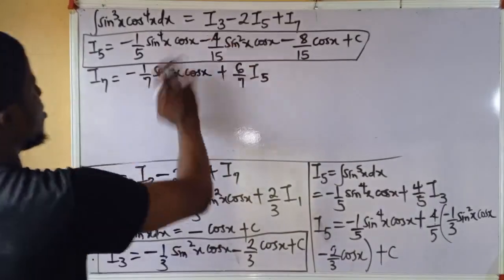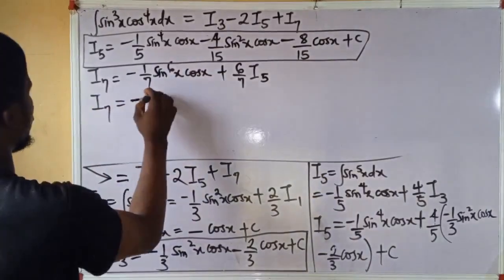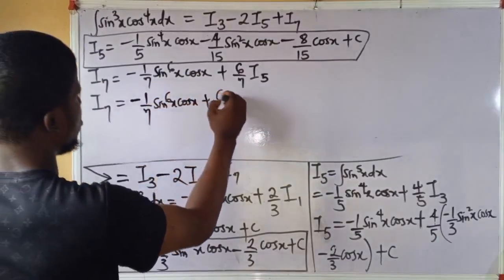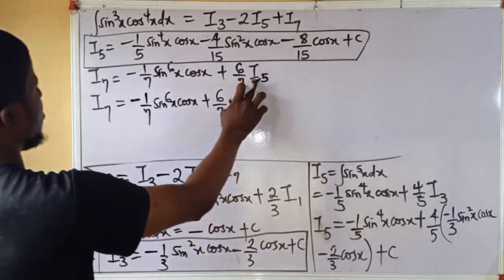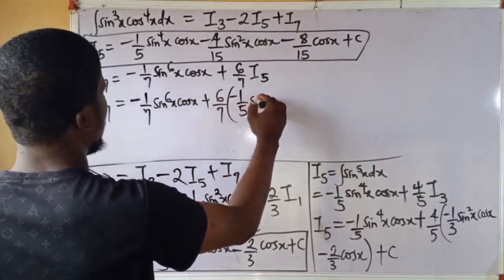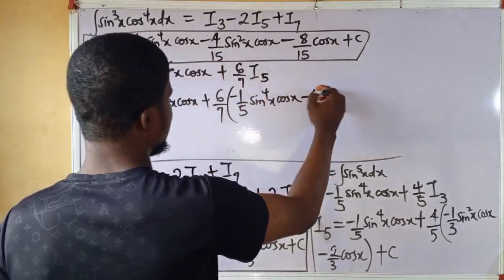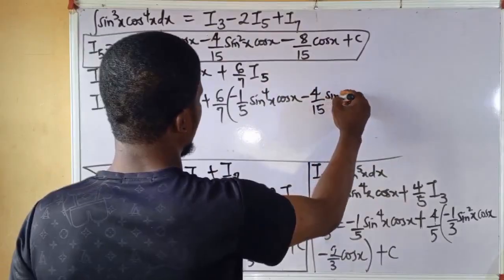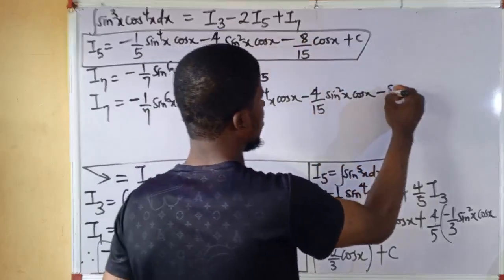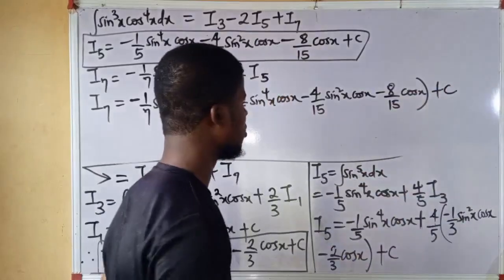This is I5. So let's substitute. I7 will be equal to minus 1 over 7 sine 6x cos x plus 6 over 7. In place of I5, I'll be writing this: minus 1 over 5 sine 4x cos x minus 4 over 15 sine squared x cos x minus 8 over 15 cos x, then plus the constant of integration.